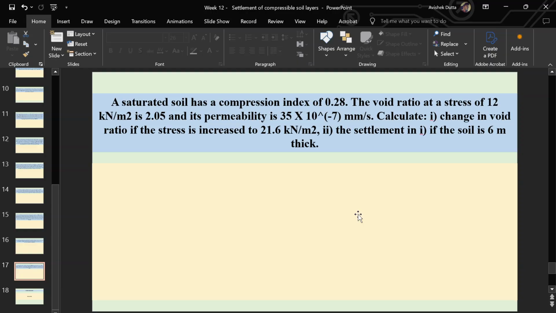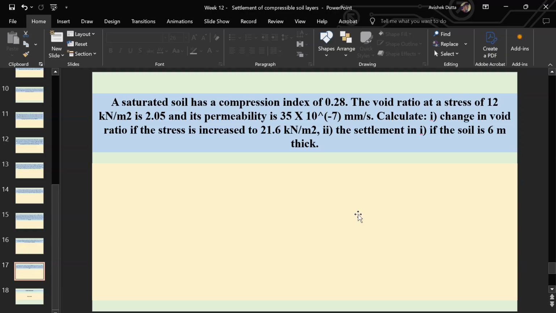First find the change in void ratio when the stress is increased to 21.6 kilonewton per meter square, and in the second part find out the settlement given that the soil is 6 meter thick.